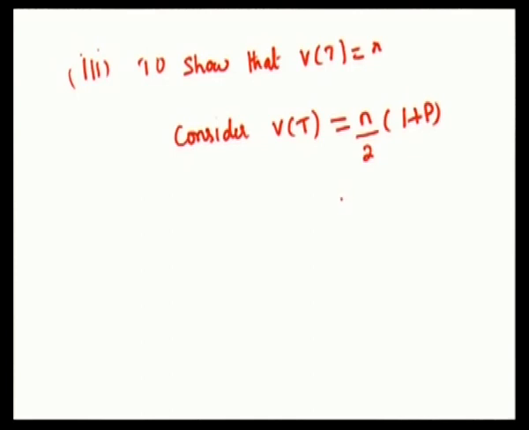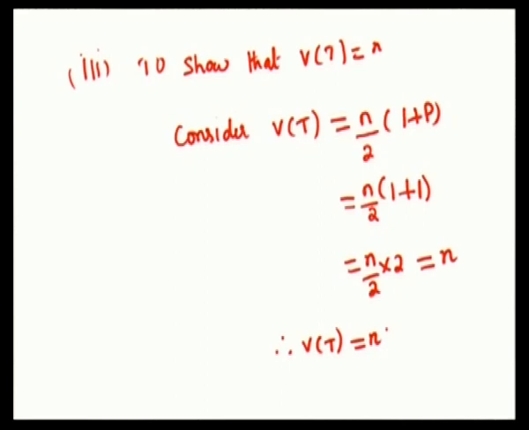So, this is equal to n by 2 into 1 plus, in the previous step we have shown that rho is equal to 1. So, you will have 1 plus 1, which gives you n by 2 into 2, which is equal to n. Therefore, variance of T is equal to n.